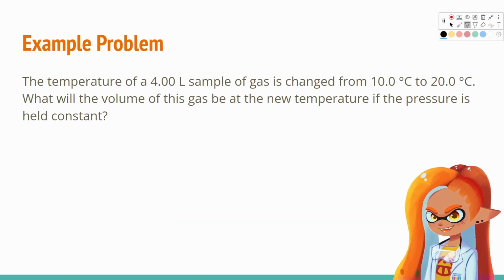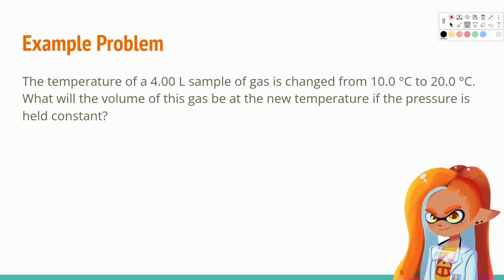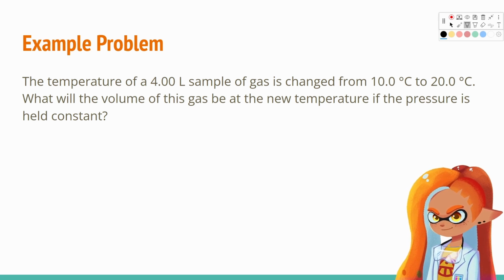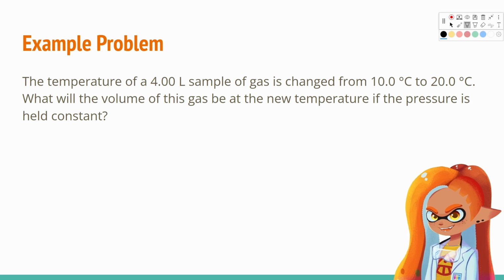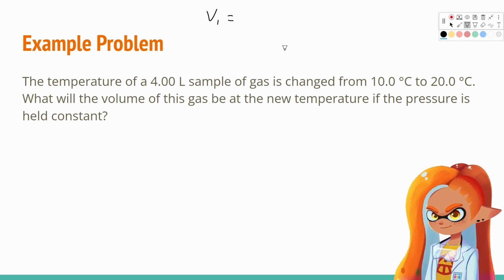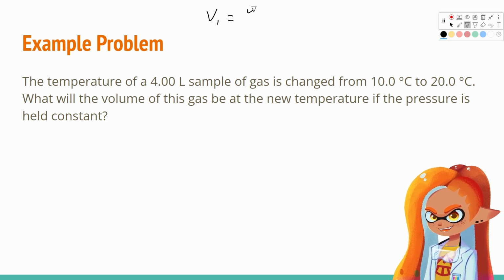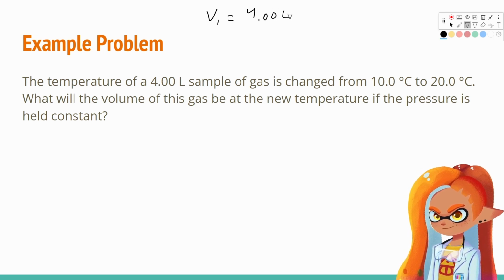Okay, here is an example problem where we use that combined gas law. And so I read this problem, I find out what the variables are, and then I plug and chug. So we have an initial volume, so that's going to be our V1. If you want to write Vi instead of V1 for initial, that's fine too. It's whatever you feel like doing. And so I'm going to label that as 4 liters.